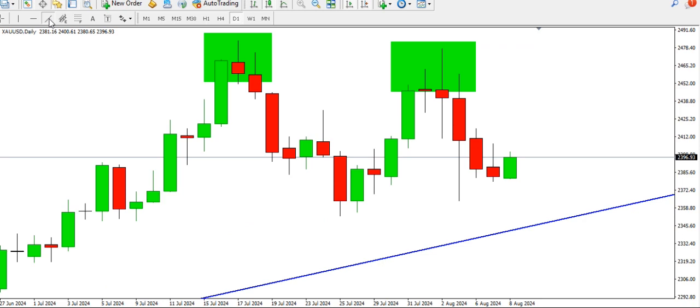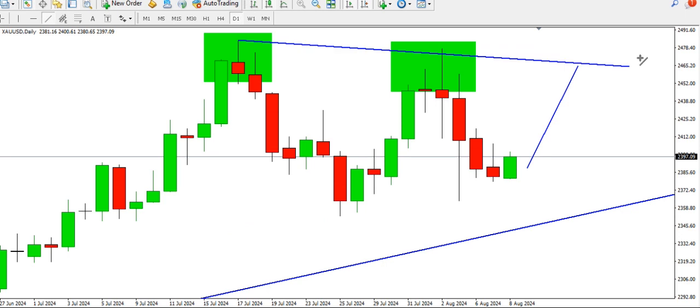All right, that might not be as high as these previous two, because there is a descending trend line formed around here.